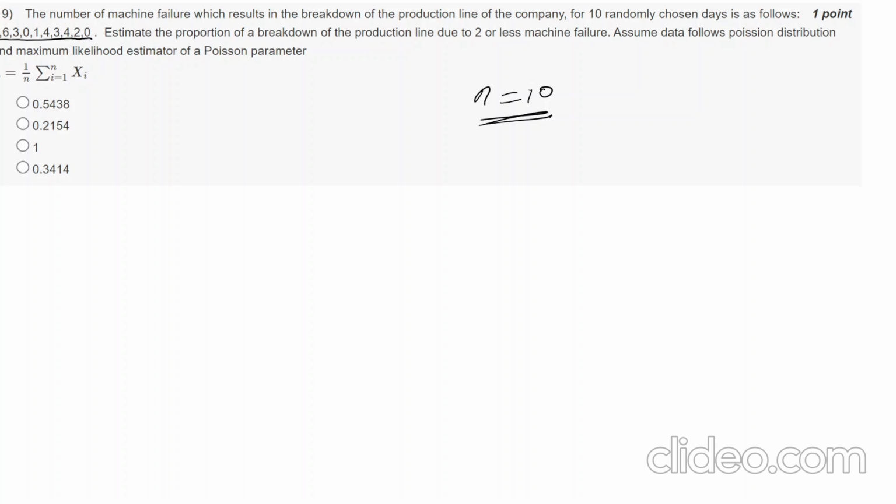So here first, we have to find the maximum likelihood estimator, and from that we have to find the proportion.